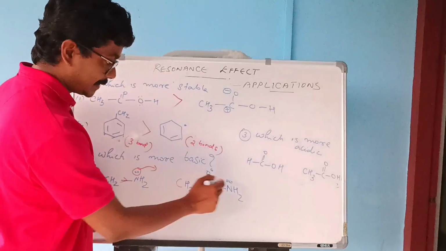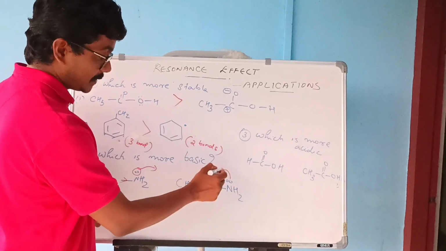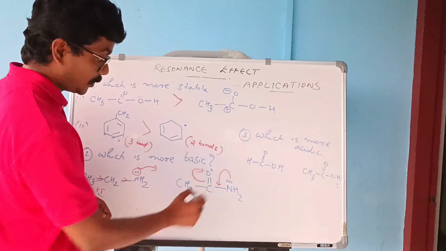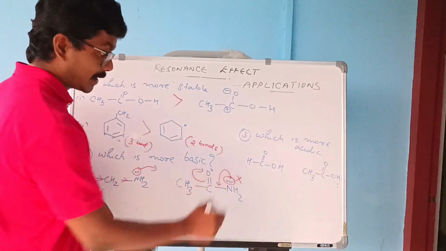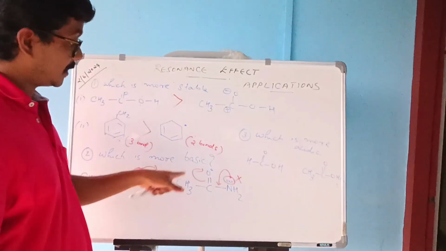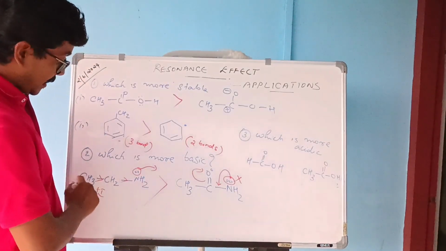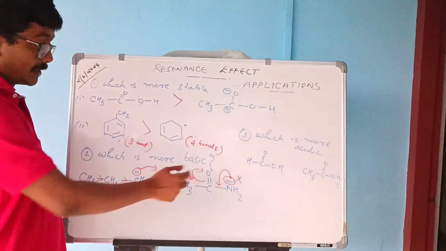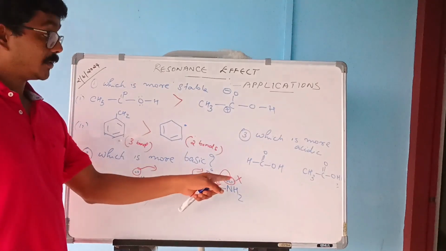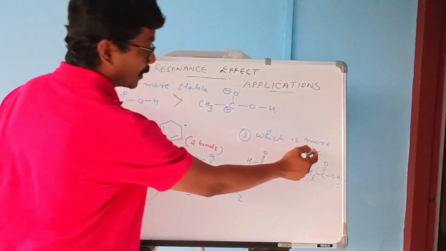But here, this is an amide group, right? This lone pair is participating in resonance, so the lone pair is not readily available for protonation. As a result, the basicity of this compound is very low. So the basicity of ethylamine is more than this case, because resonance decreases the possibility of using the lone pair for basic purposes.